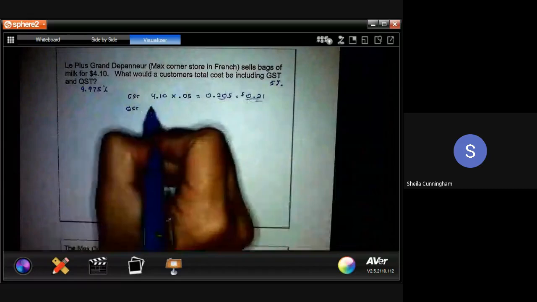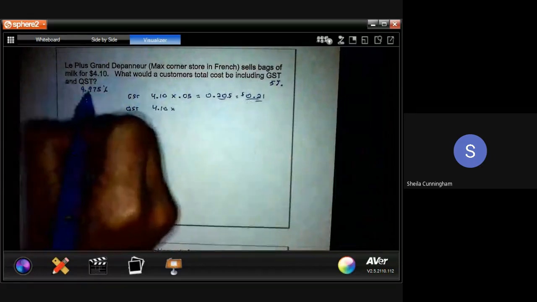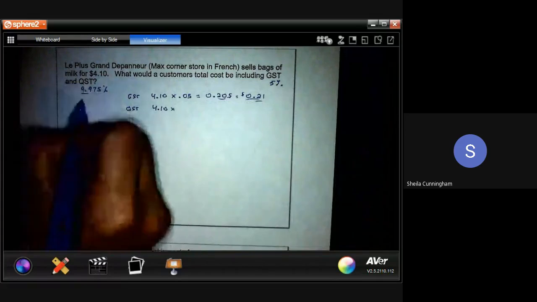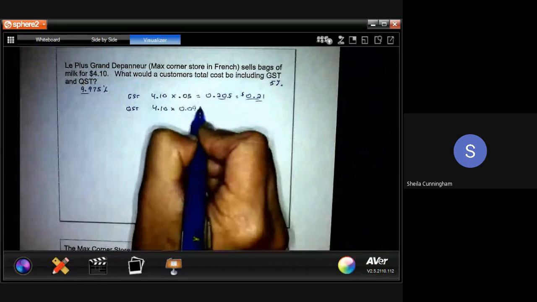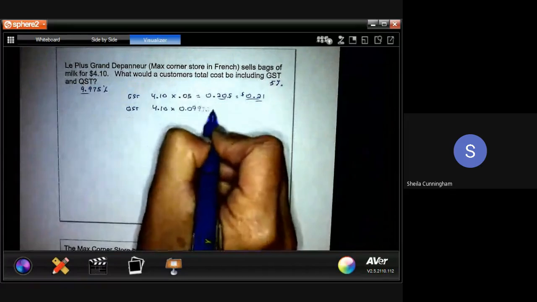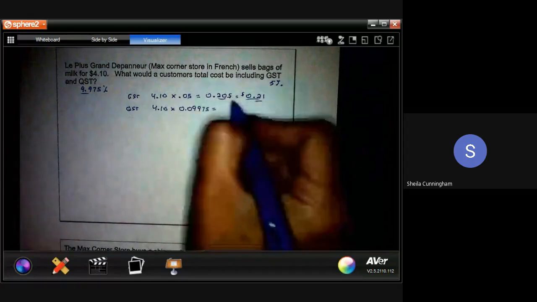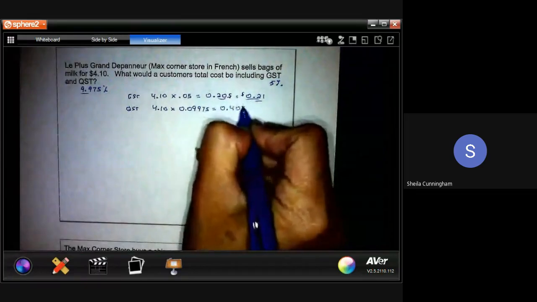And now QST, so 4.10 again. Now this 9.975, I divide that by 100. I'm going to get 0.09975. If I take that 0.09975 and times that by the $4.10, I am going to get 0.408.